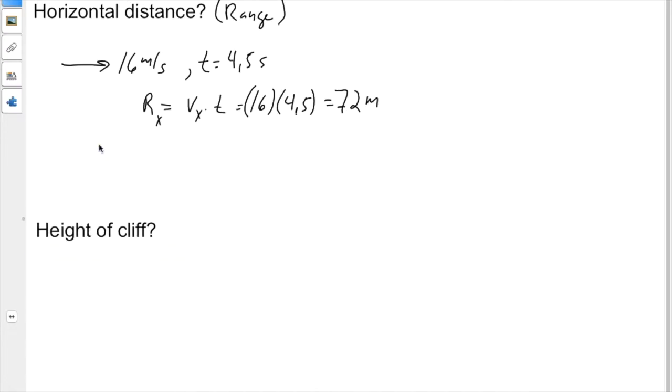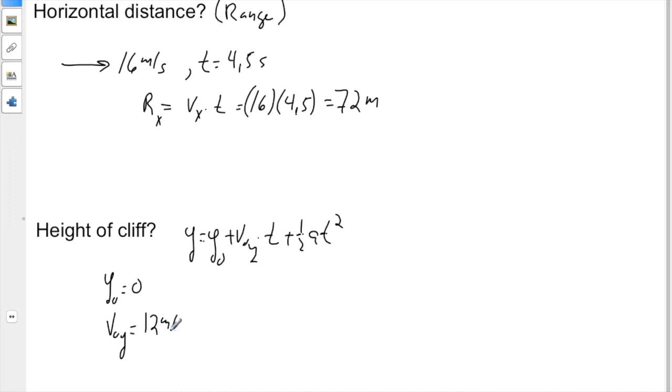And then I want to know the height of the cliff. There are a couple of ways of doing this, and I'm going to do the most straightforward mathematical way, which is to say that y is y0 plus v0y times t plus 1/2 at squared, where we know y0 is 0, v0y is 12 meters per second, acceleration is minus 10 meters per second squared, and t is 4.5 seconds.